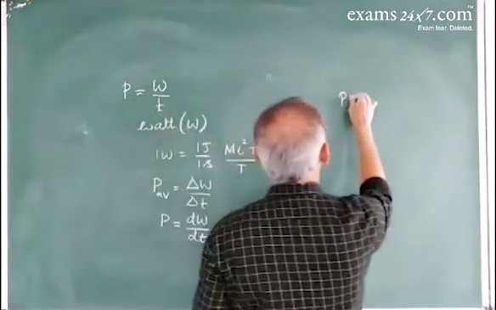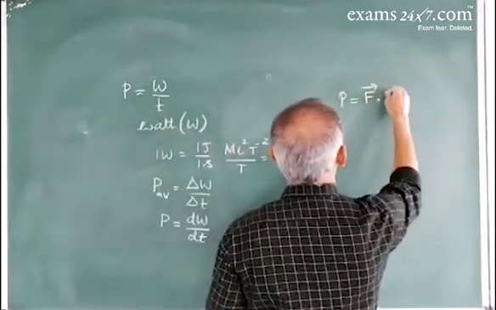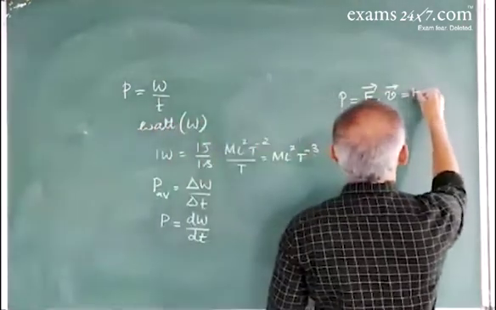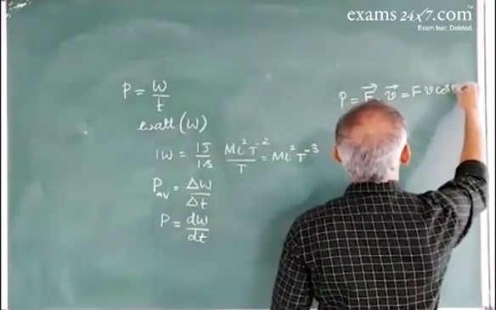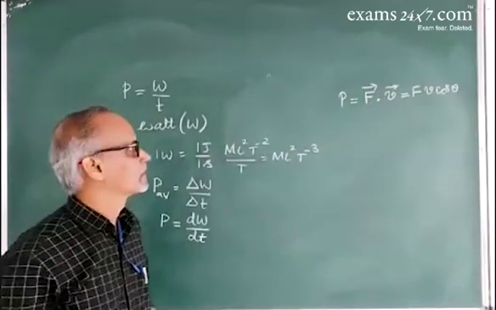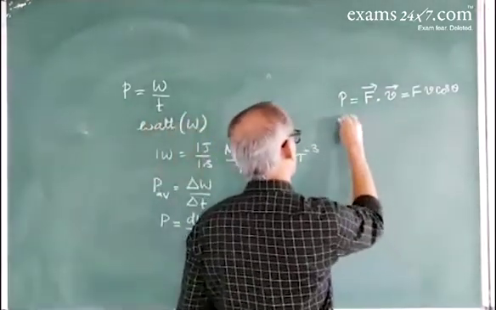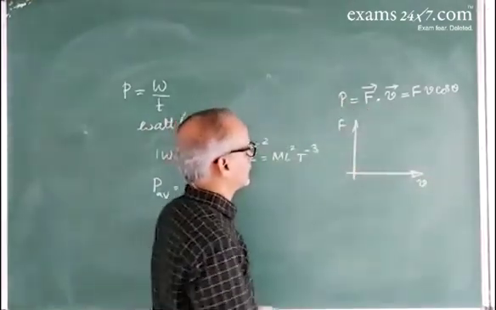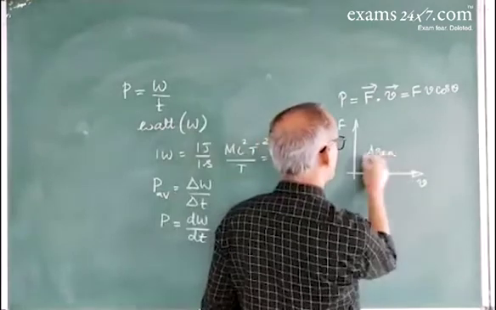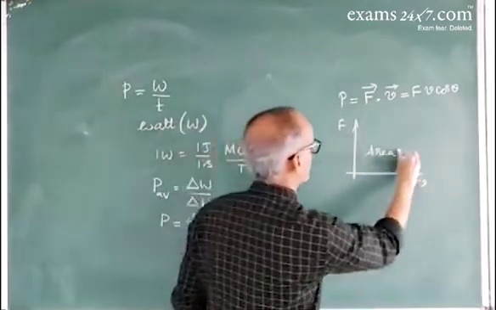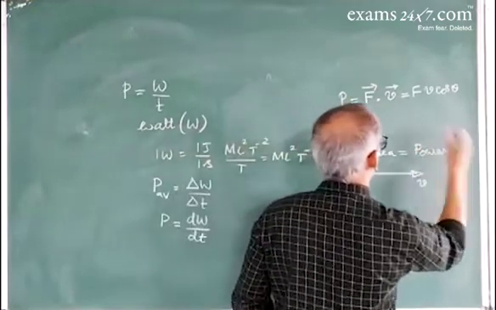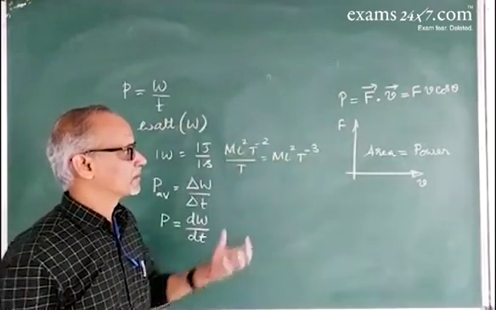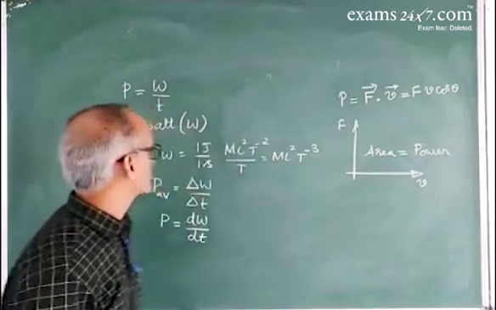Power is also a measure of the dot product of the force and velocity. P is equal to F dot V, that is also equal to F V cos theta. And if I draw a graph of F versus V, the area below the FV graph gives the power that is consumed or the power of the agent.